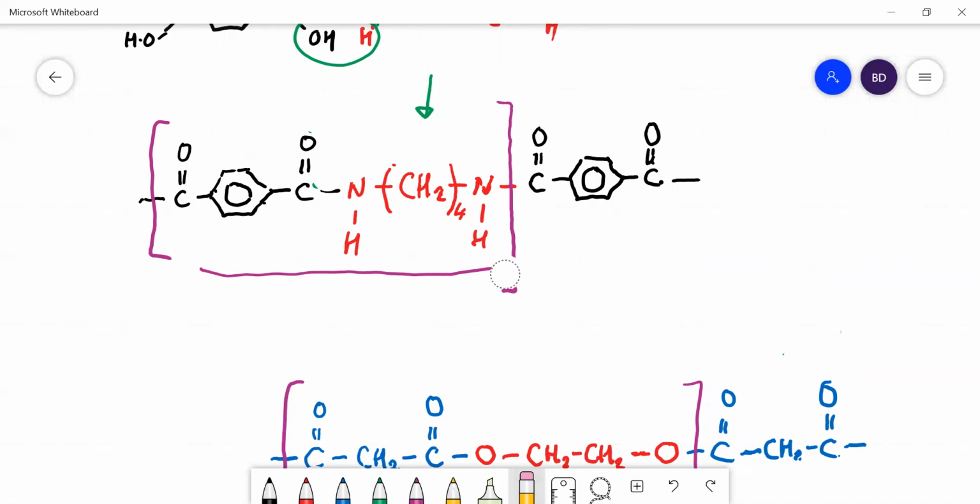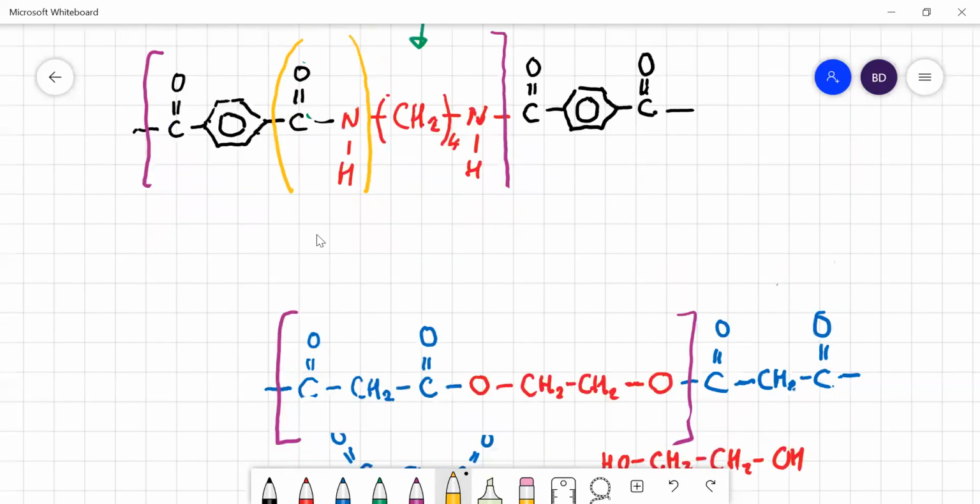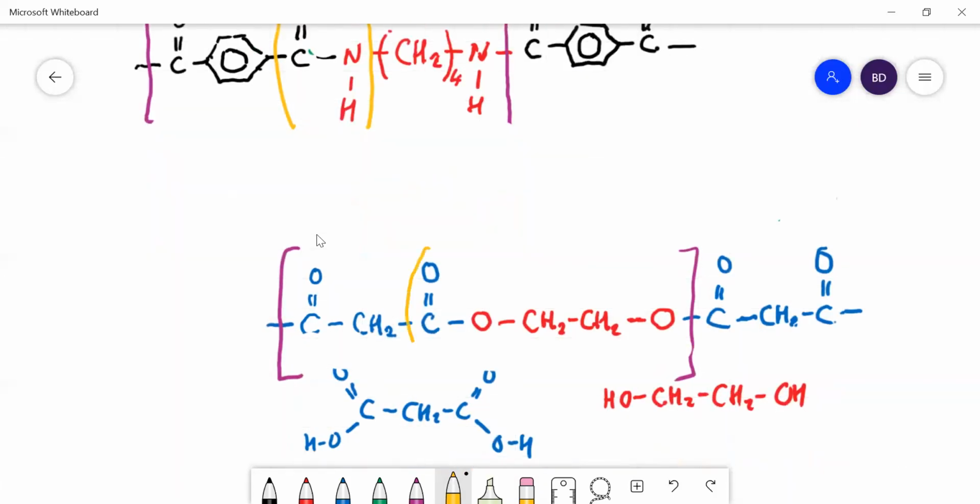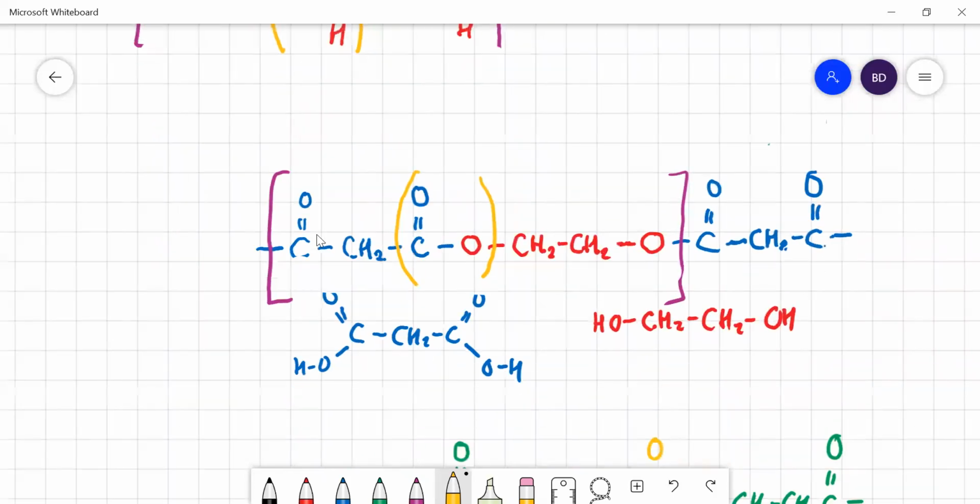Okay, I don't think I've said before, but what is the amide linkage? Well, the amide linkage is that bit there. And in this one, the ester linkage is that bit there. Okay, so practicing drawing these is about the only way to really get it fixed in your head.